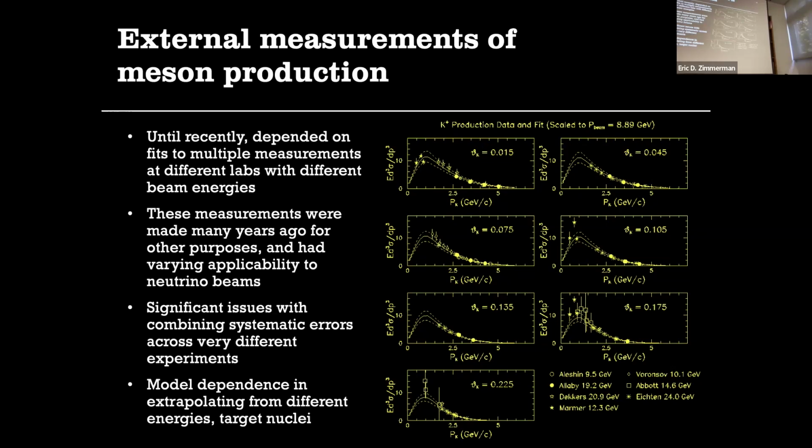And with these very different kinds of experiments, and also very old results from when analysis reporting styles were different, it's very difficult to combine systematic errors across them. So there's also then a lot of model dependence in extrapolating from different energies and target nuclei to what you actually want. You can see none of these energies is actually the energy of any neutrino beam proton source.